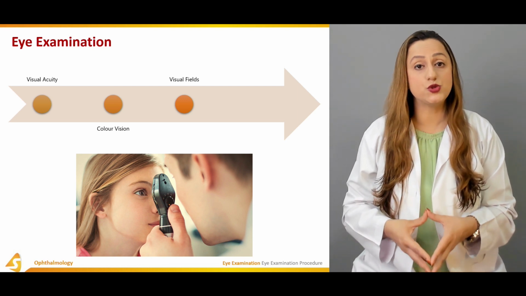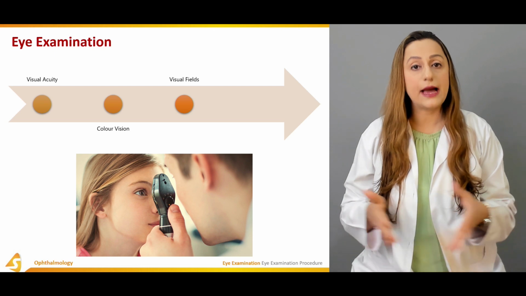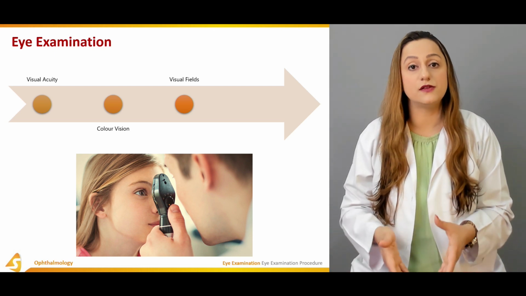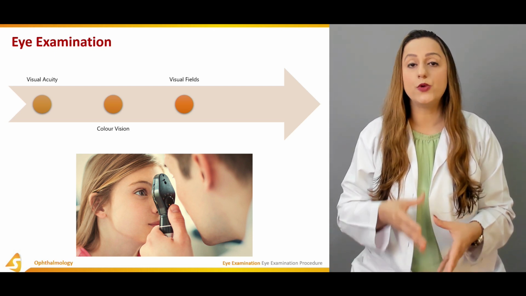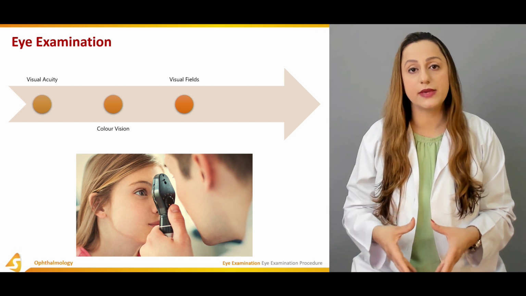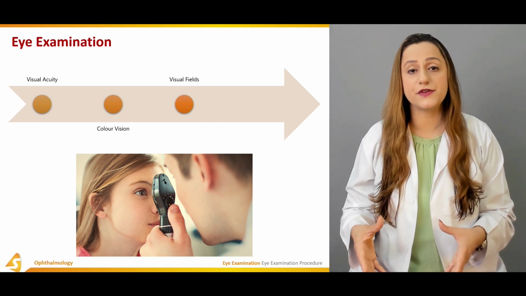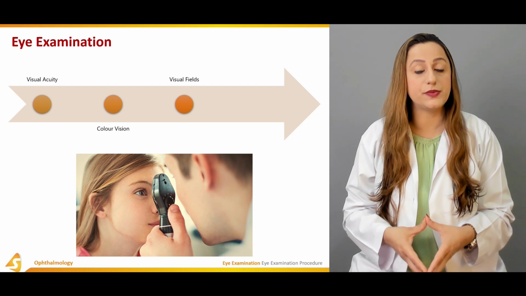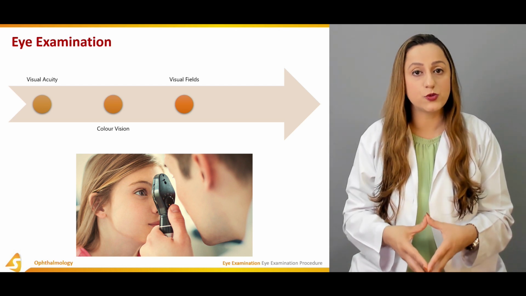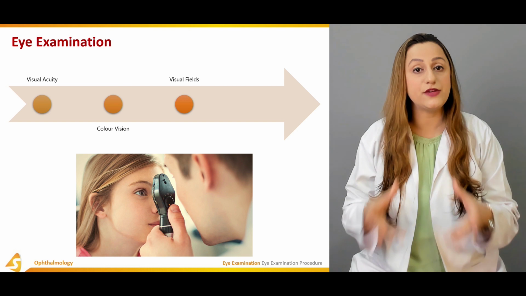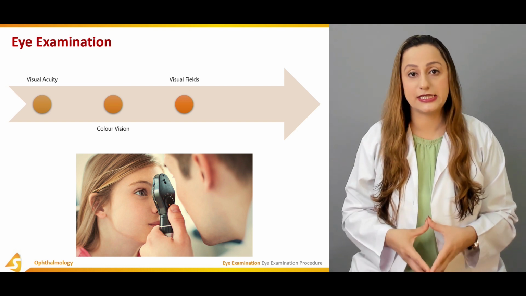Visual fields are usually divided into the temporal fields, and then we have the nasal fields. So depending upon which field is affected, we're going to document which field is affected and whether it is the central vision or the peripheral vision which is affected in these cases.